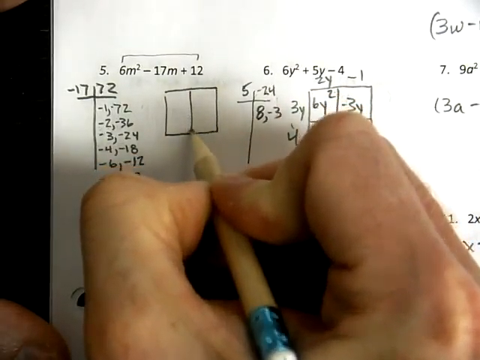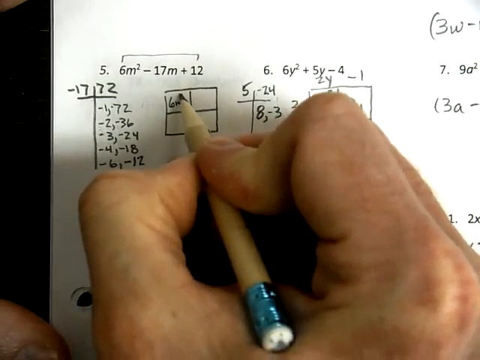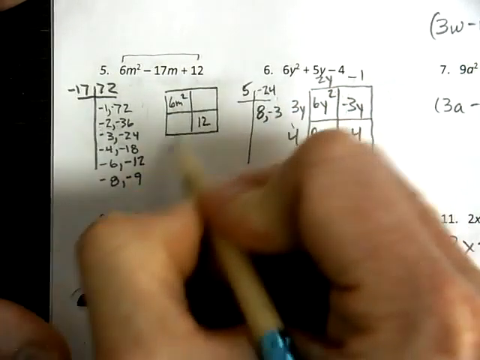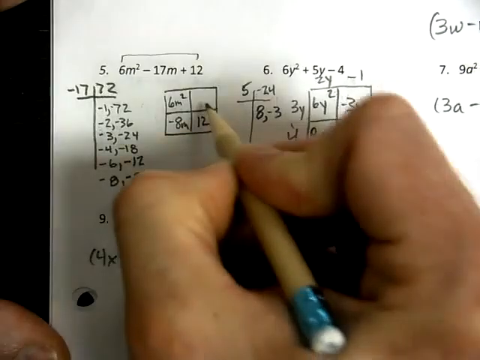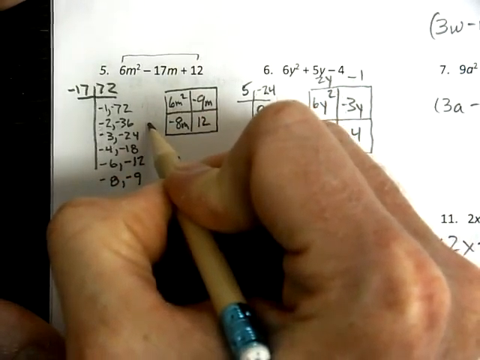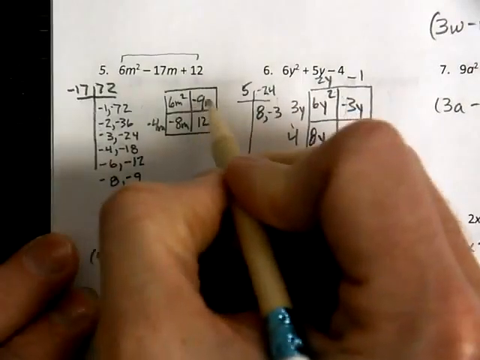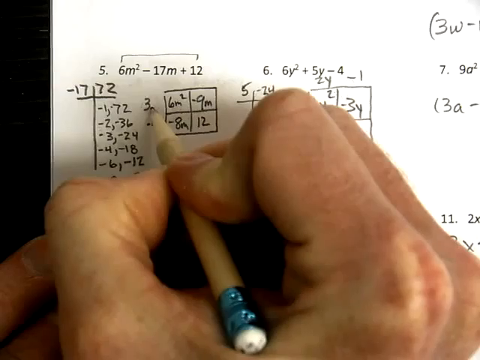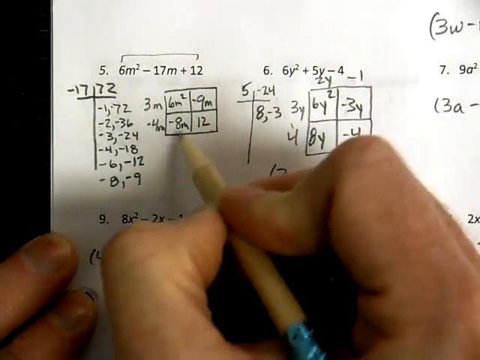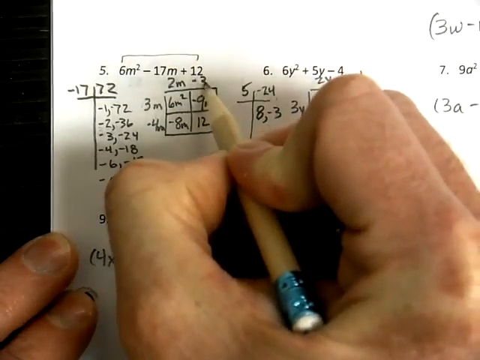Make your box. Bring in your 6m squared and your 12, your negative 8m and your negative 9m. Factor out what you can, a negative 4m. And we factor out the 3m, 2m, and the negative 3.